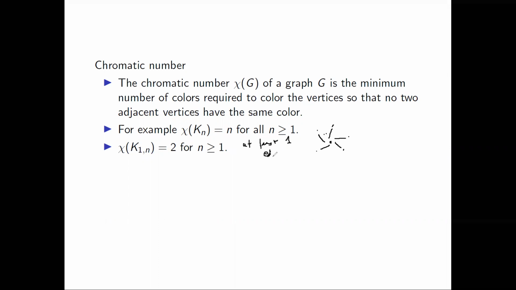And since there's at least one edge, that means that the two vertices in that edge have to have different colors. So the chromatic number is at least 2. And we can see that it's at most 2 because we can take colors red and blue. We can color the center red. We can color all the leaves blue. And that gives us a valid 2-coloring, which is proper.